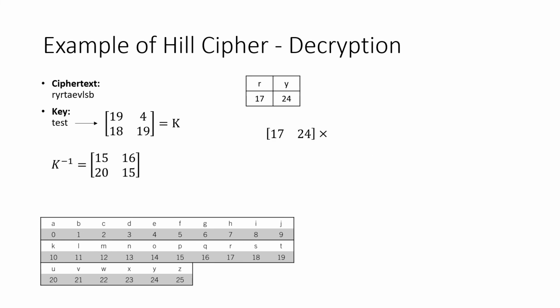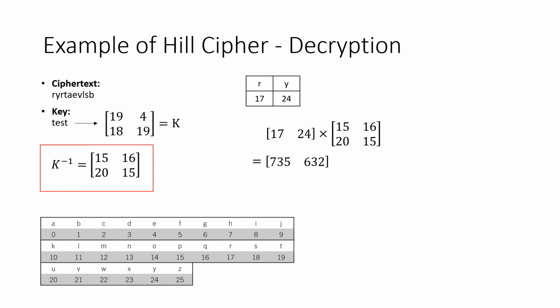So we start with our matrix again. We have values 17 and 24, and we multiply it by the inverse matrix as before, as given by the definition of Hill Cipher, I must say. And once we multiply these values, again, I hope I'm going a little bit faster on this decryption component.